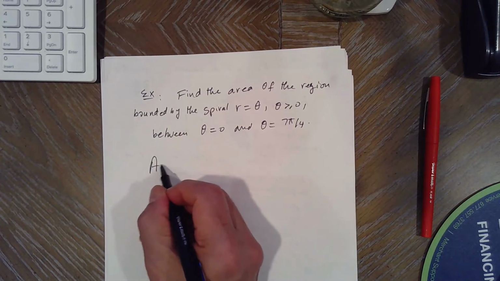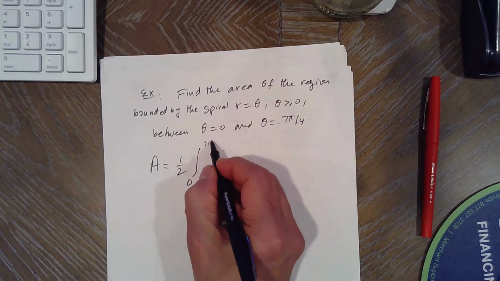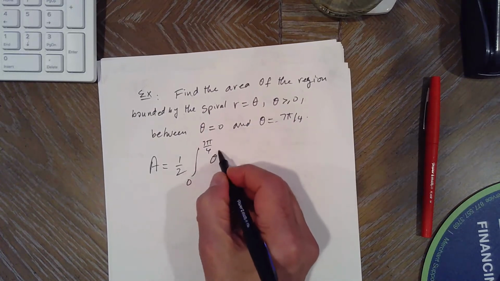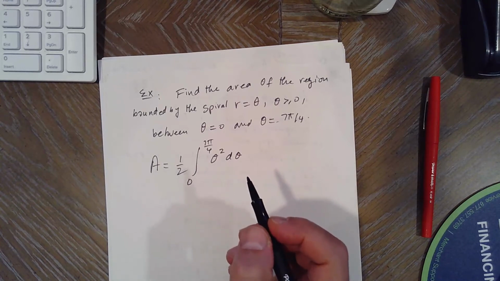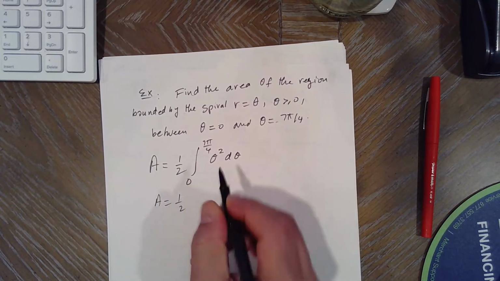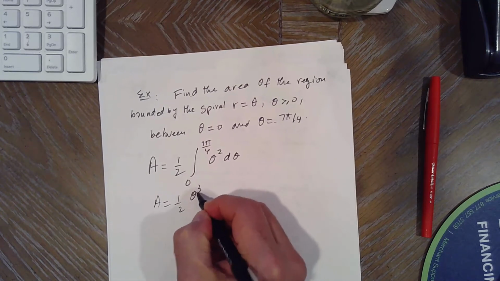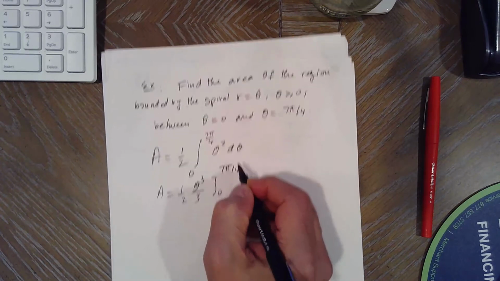So again, area is 1/2 integral from 0 to 7 pi over 4 of r squared, which is theta squared d theta. So it's 1/2 theta cubed over 3 between 0 and 7 pi over 4.